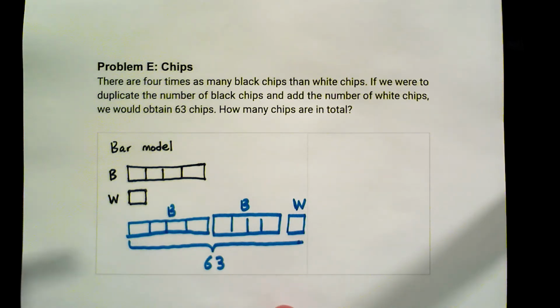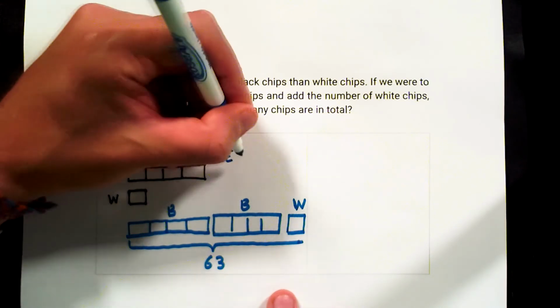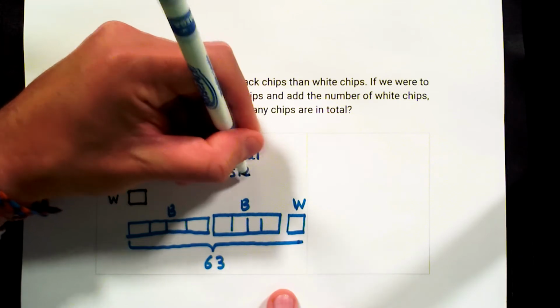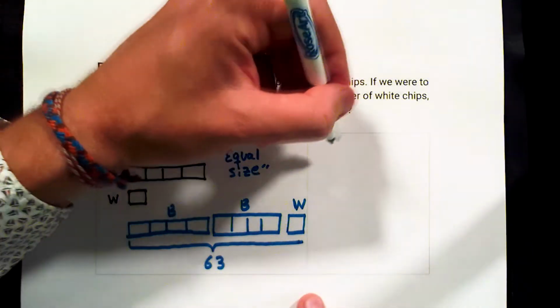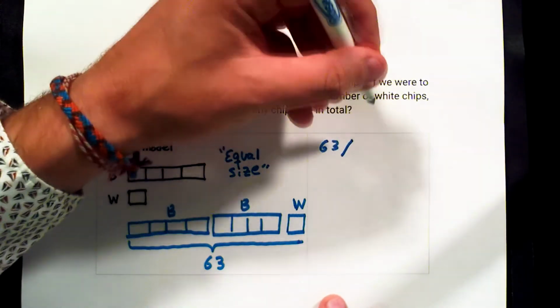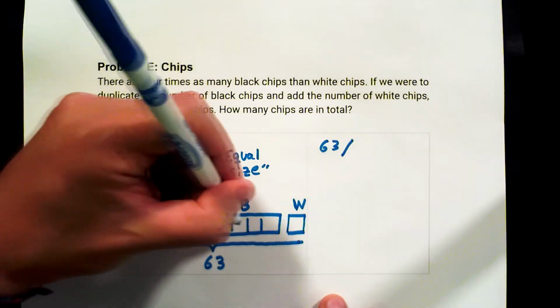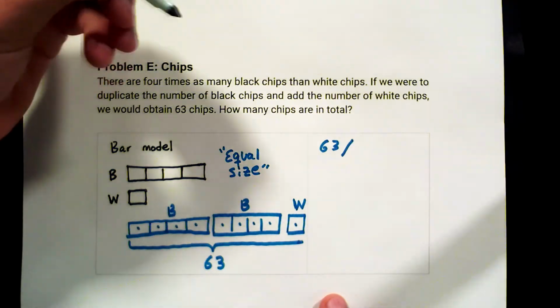Since we have pieces of equal size, and that's part of our modeling, what we're going to do is 63 divided by, and so we have 4 plus 1, we have 9 little pieces.